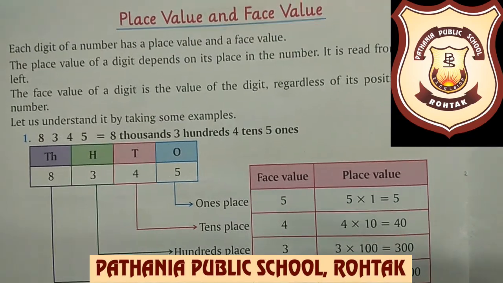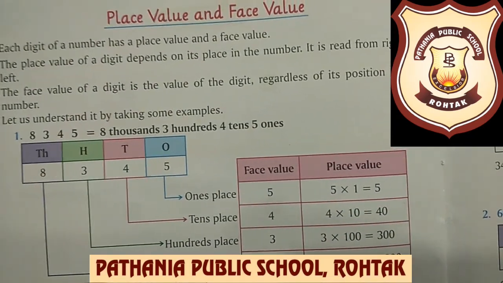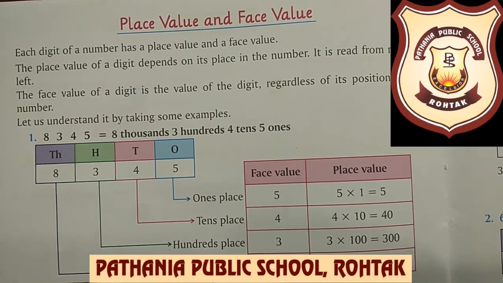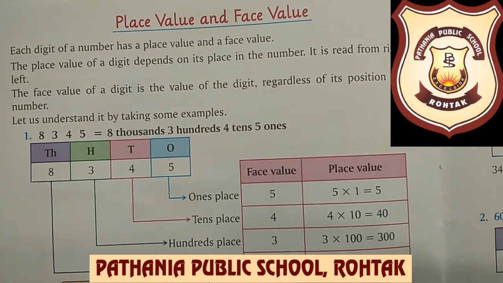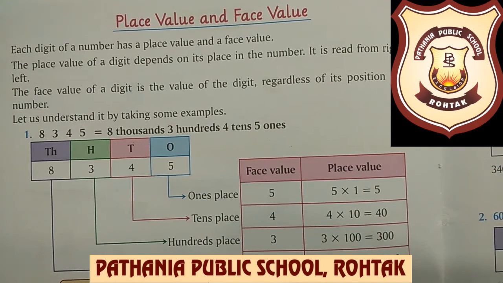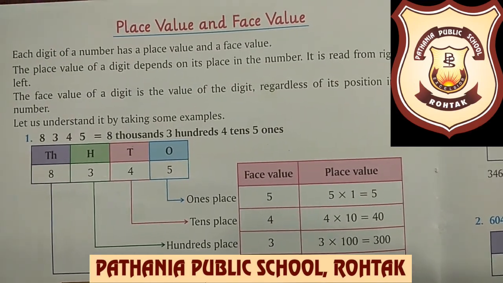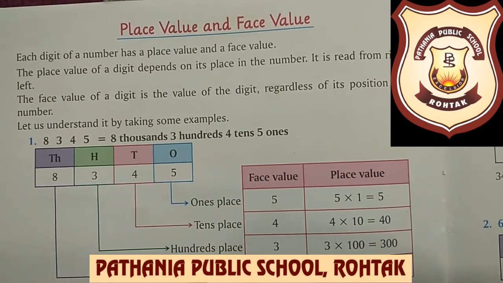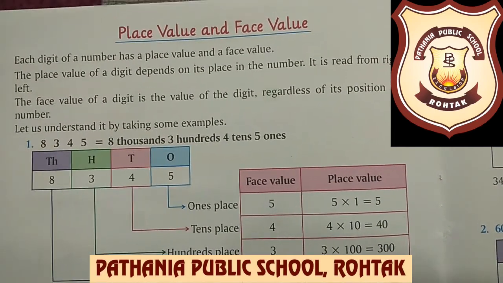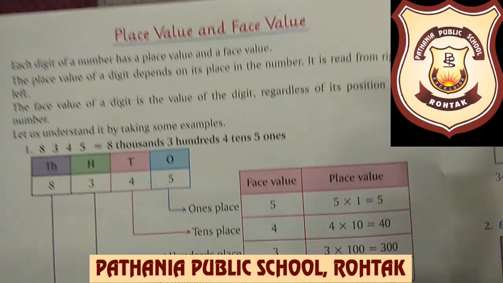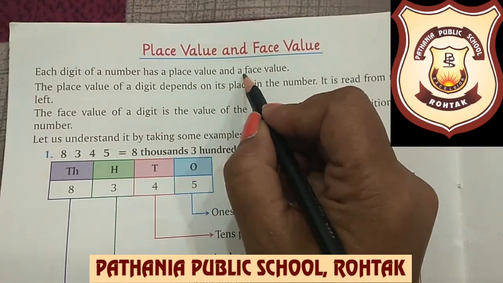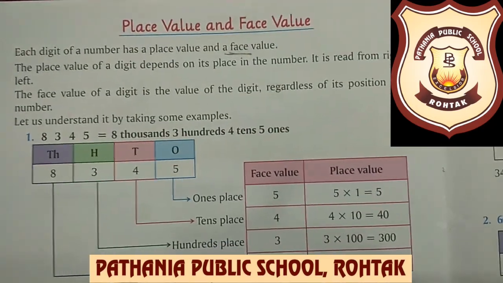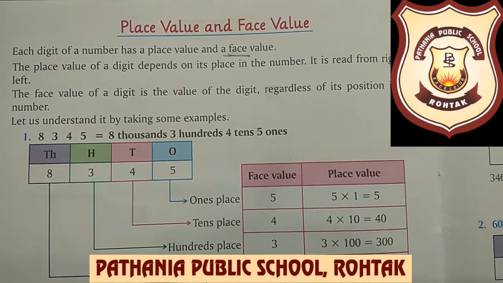As we have already identified the numbers as per their places, we know that each digit has its own place value, and we can identify the place value by identifying their places. But what is a face value? See beta, we all have different faces.